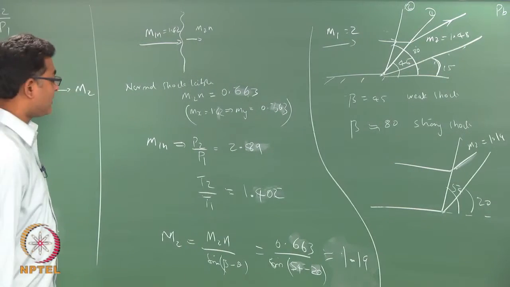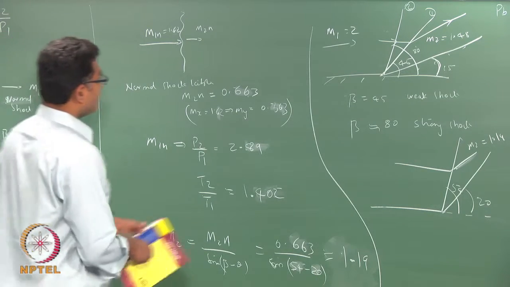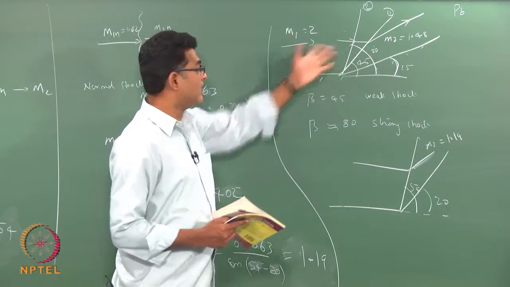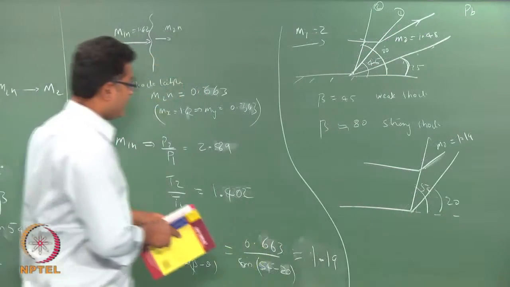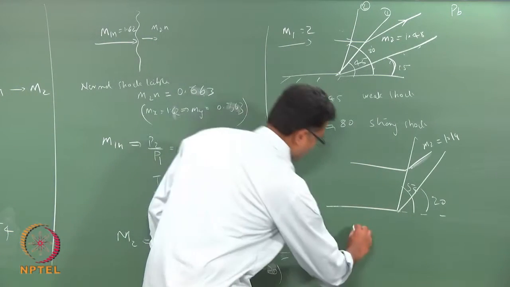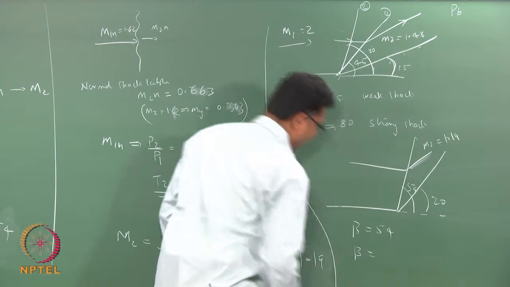Now, the same kind of problem, if you keep increasing your Mach number for a given deflection angle, see what happens. Okay, here again we have two betas, we have a strong solution and a weak solution.